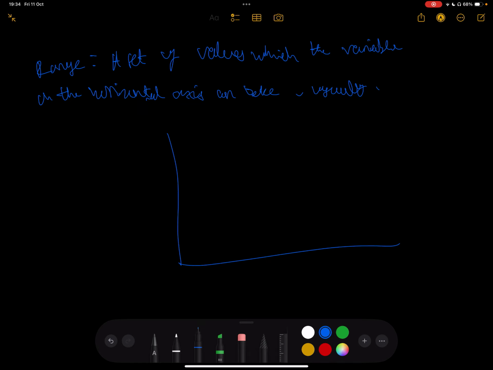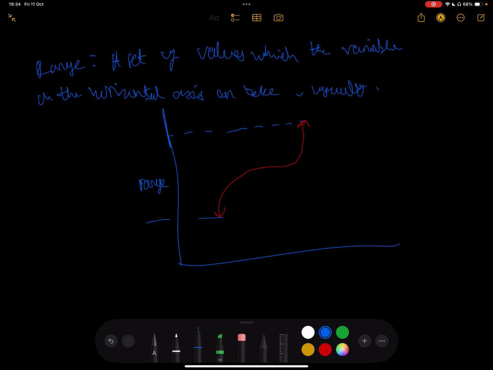So let's just say we have a random function. Just draw it like that. So what would we identify as the range of this function? Well, the range is literally just from the max y value to the lowest y value. This would be the range.